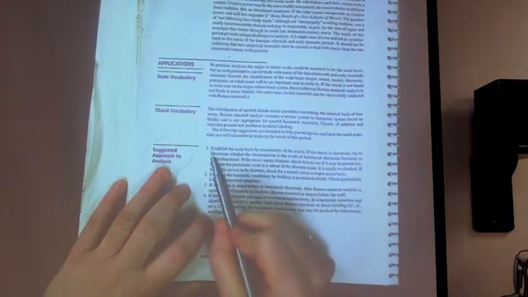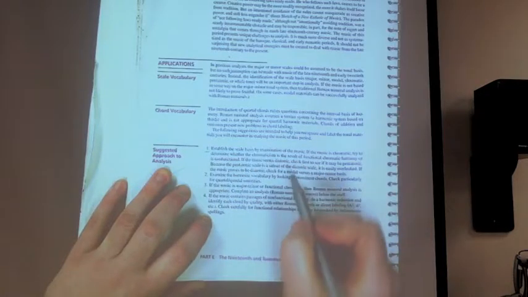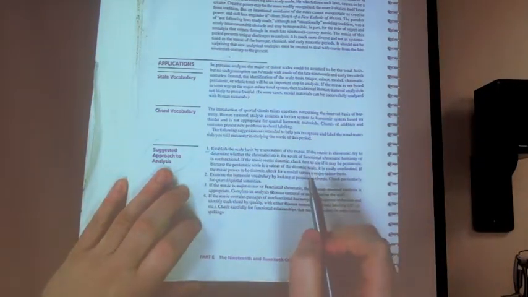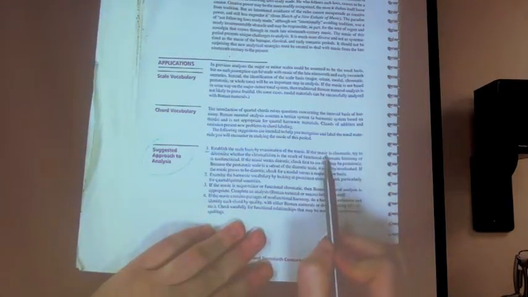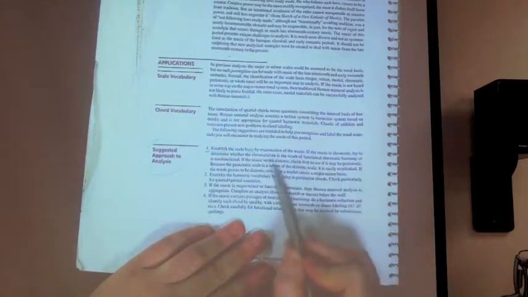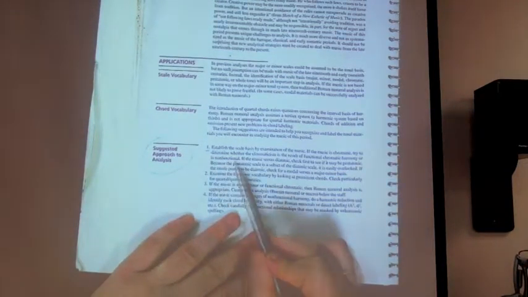So first of all, rule number 1, establish the scale basis by examination of the music. So it may not be in C major or D major, although often it is, and you can analyze it in that. So if the music is chromatic, try to determine whether the chromaticism is the result of functional chromatic harmony. So does it make sense as far as the way the chords go, or is it non-functional?